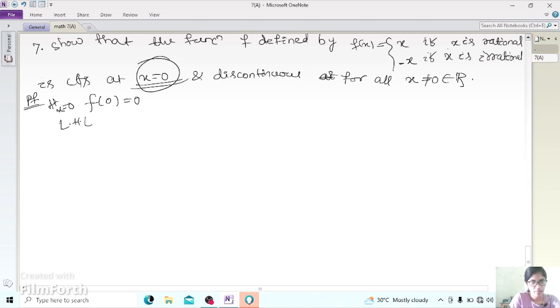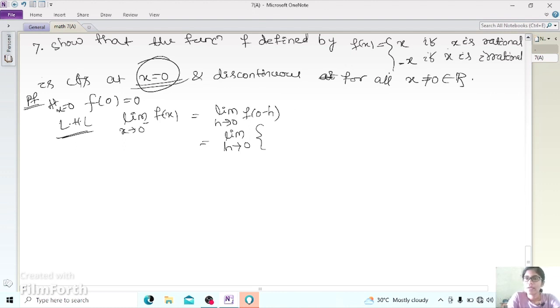Now for the left hand limit: limit x tends to 0 minus f of x equals limit h tends to 0 f of 0 minus h, which equals limit h tends to 0 of f of minus h.